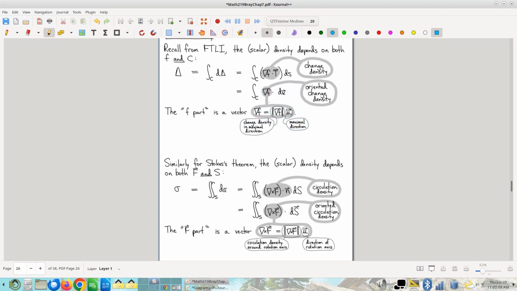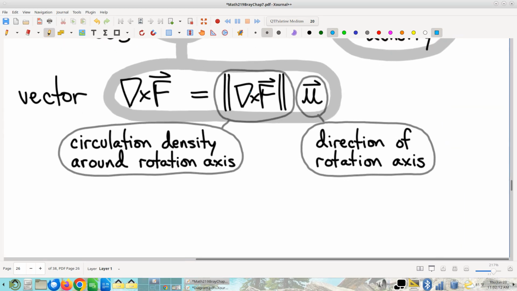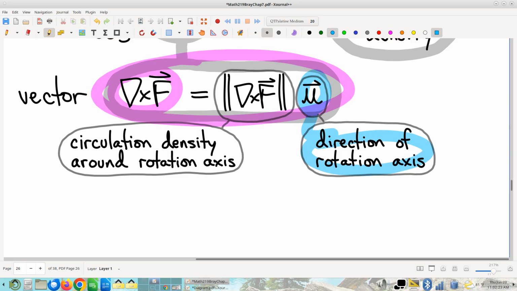So likewise, you come down here, and now I'm going to zoom in. Same deal with curl. Curl has a direction and a magnitude. The direction is telling you the direction of what I'm going to call the rotation, right? Around what axis is the rotation happening. And then the magnitude is telling you how much around that axis, how much rotation is happening.